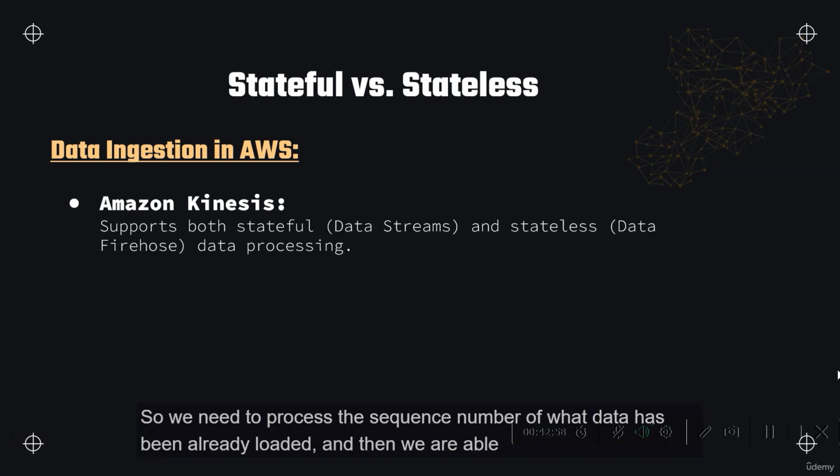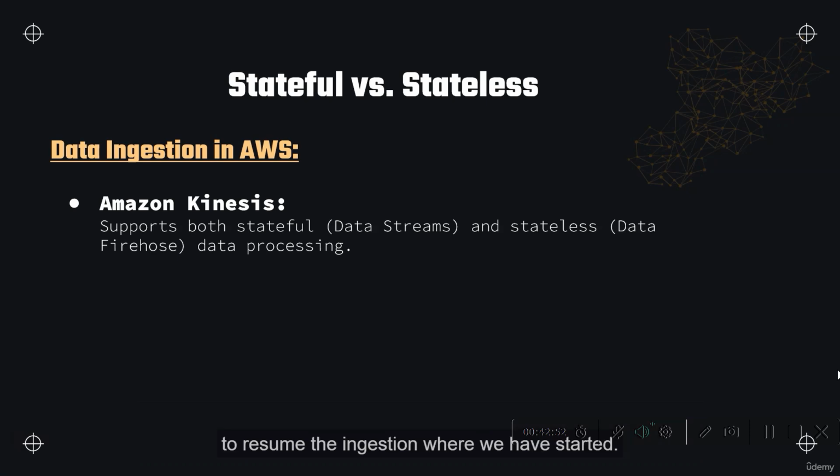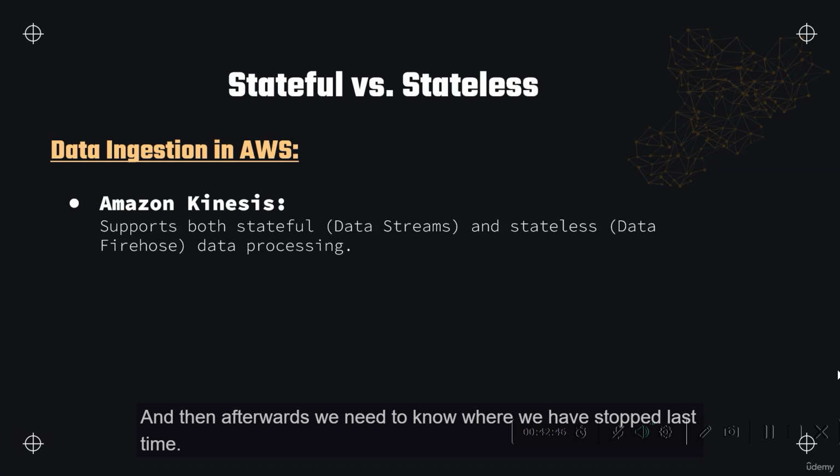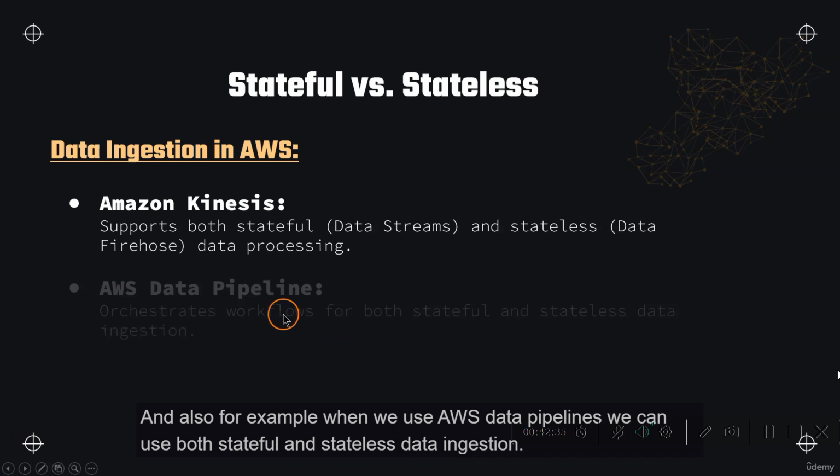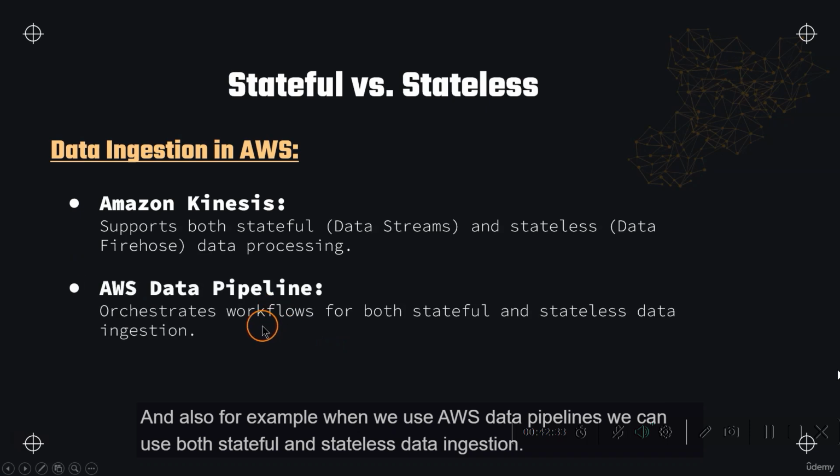We need to track the sequence number of what data has been already loaded, and then we are able to resume the ingestion where we stopped. Maybe there was some kind of a failure, and afterwards we need to know where we stopped last time. This is supported with Amazon Kinesis Data Streams, and also, for example, when we use AWS Data Pipeline, we can use both stateful and stateless data ingestion.